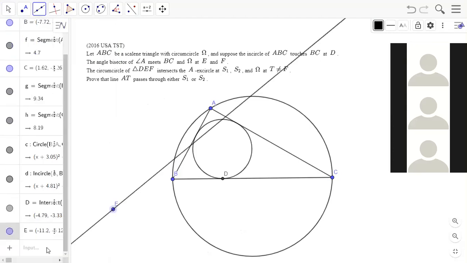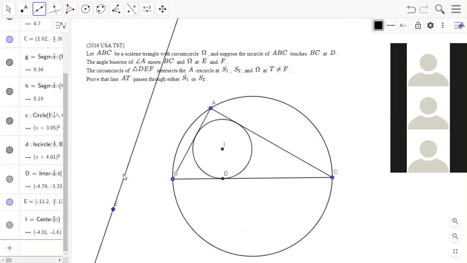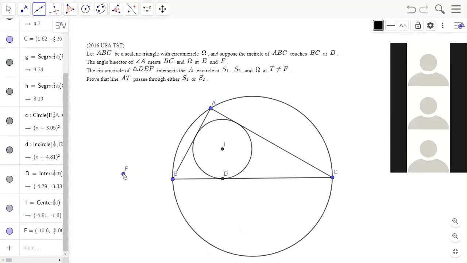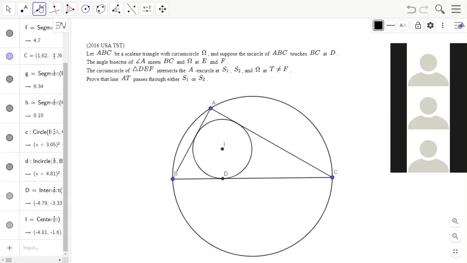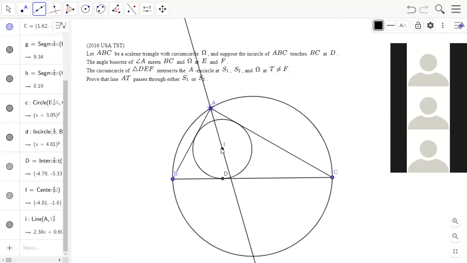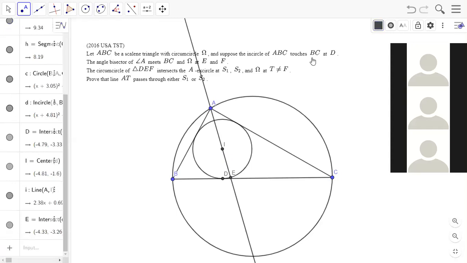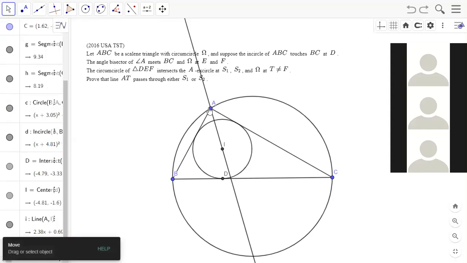Okay, so let's draw A I, and it meets BC at E and the circle at F. I don't think it's going to let me do it unless I make it farther away.